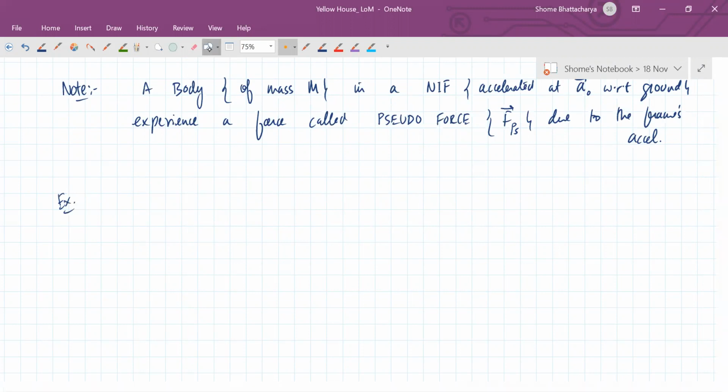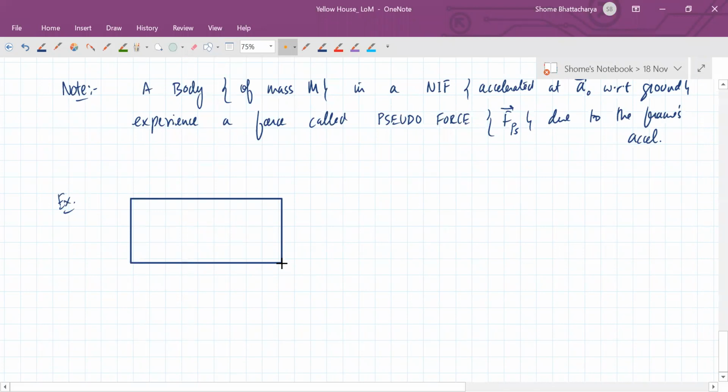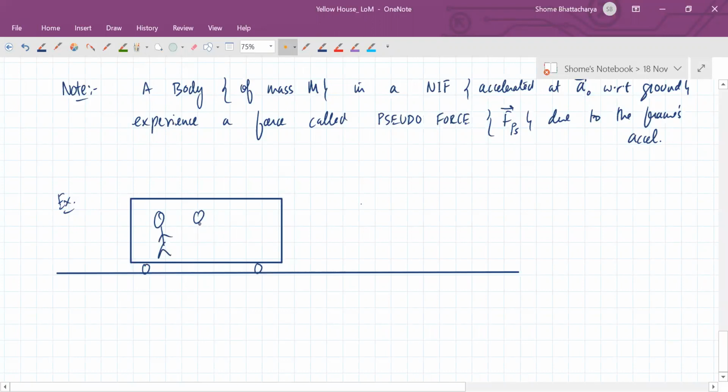One very easy, relatable example is people standing inside a bus, or even an object placed on the floor of the bus.